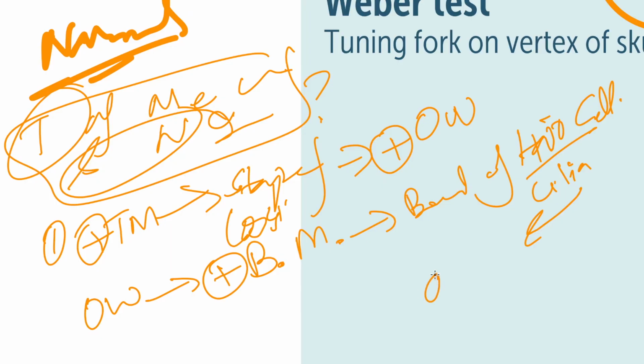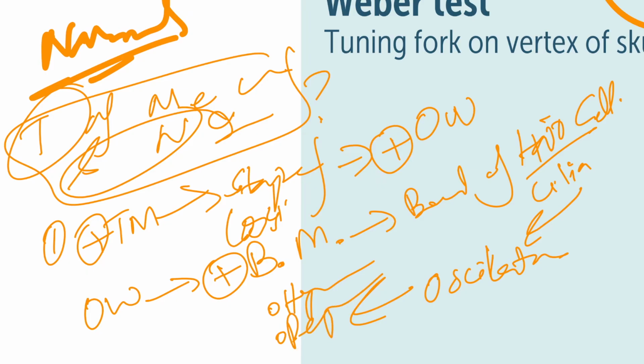The cilia is going to oscillate, and that oscillation is going to cause depolarization and hyperpolarization of the auditory nerve.